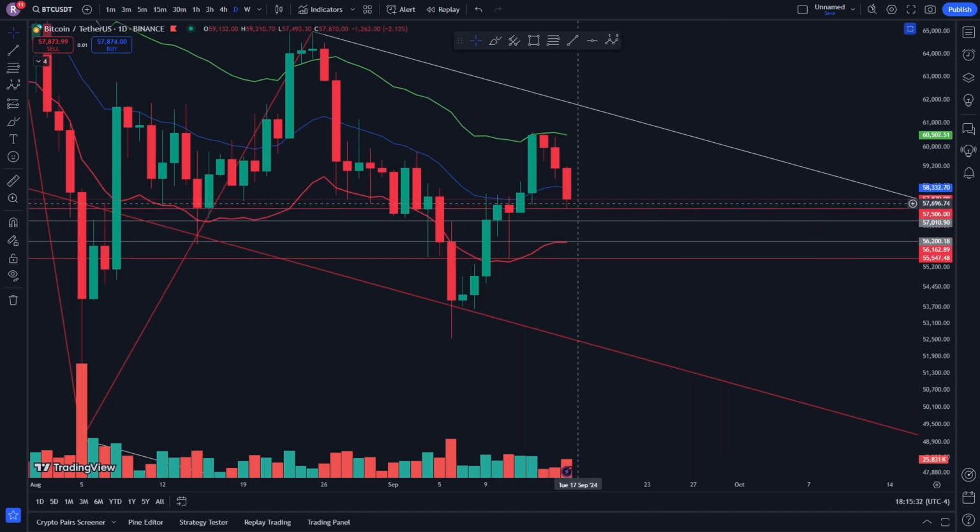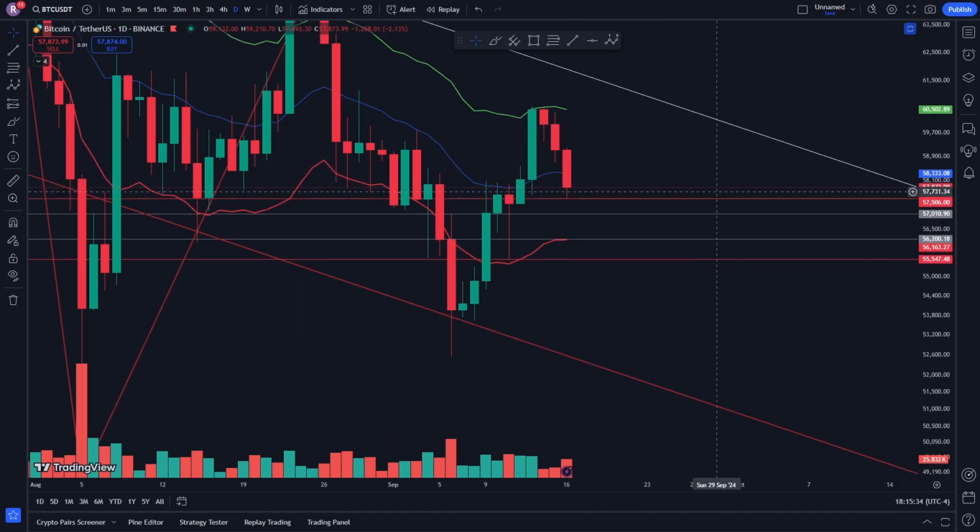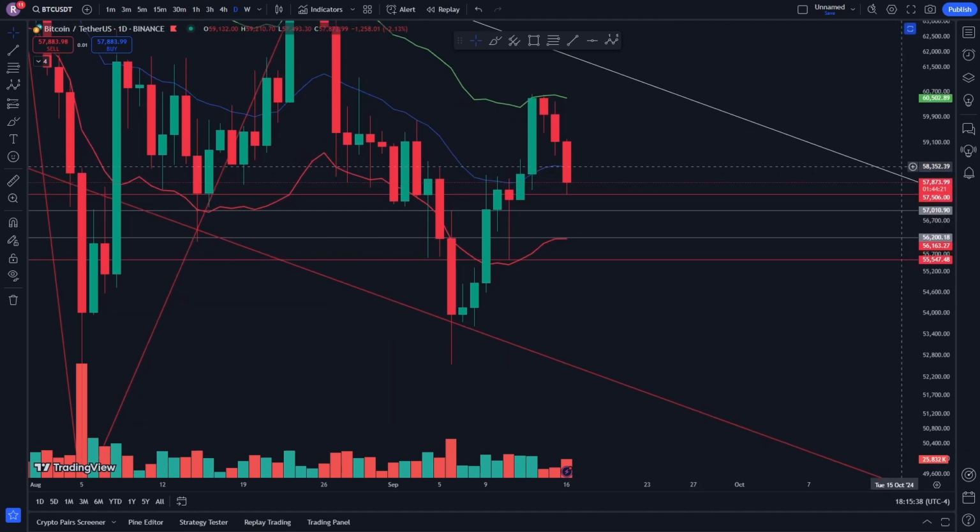If price can't stay above it, and we break below with a daily close below 58.3, we will go down more, towards 56.2. If we can't hold 56.2, I do expect us to go towards 52.5.